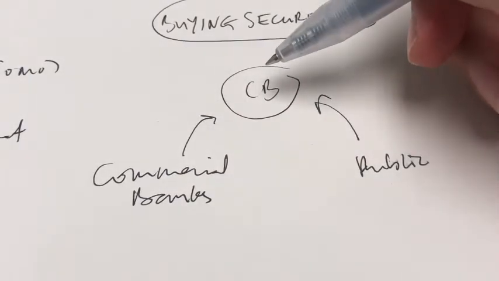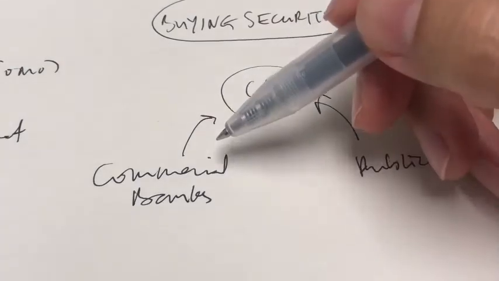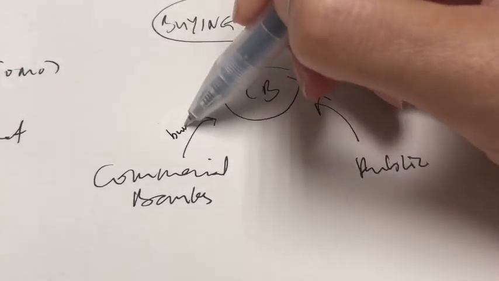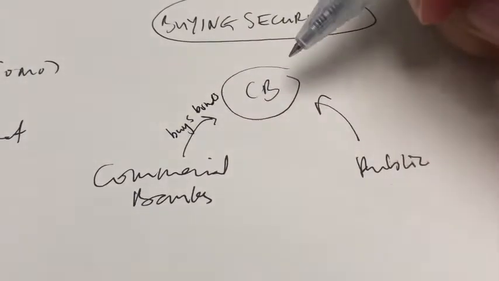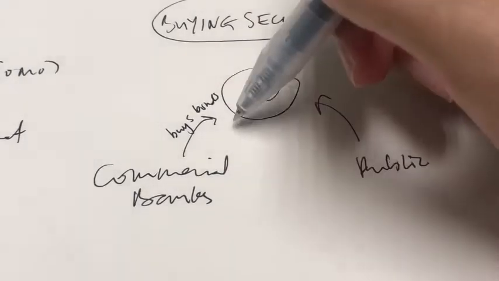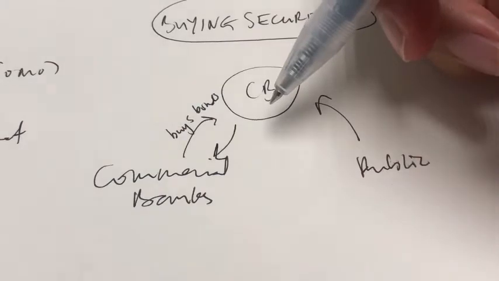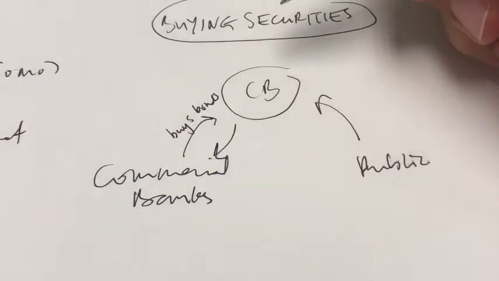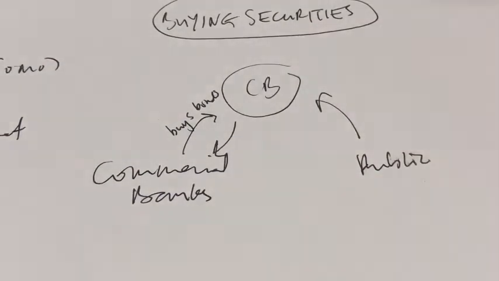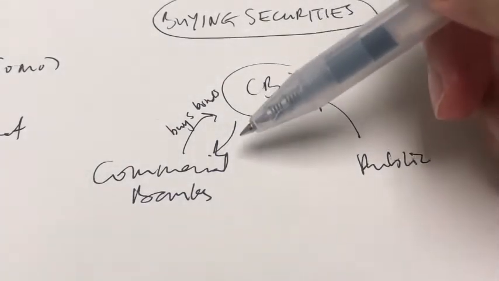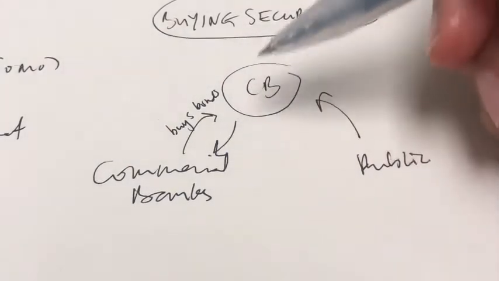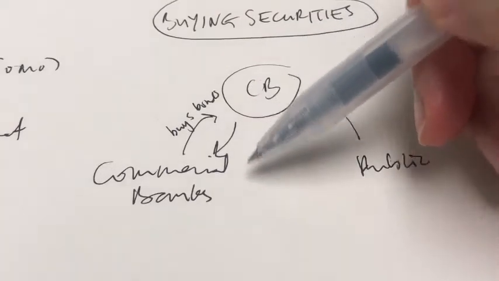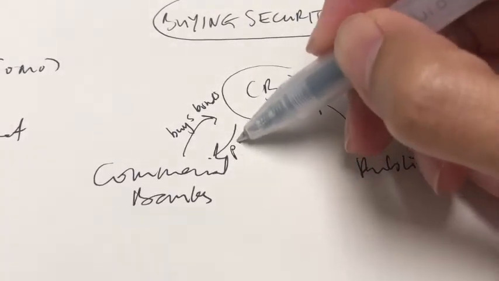When the central bank buys bonds from the commercial bank, what happens is the central bank will give up their rights or their holdings of the securities or government bonds to the commercial banks. Besides giving up their rights and holdings of these bonds or securities to the commercial banks, central bank will also make payment to the commercial banks.